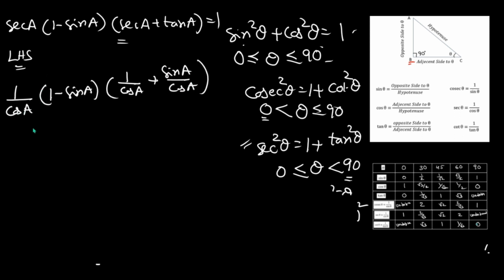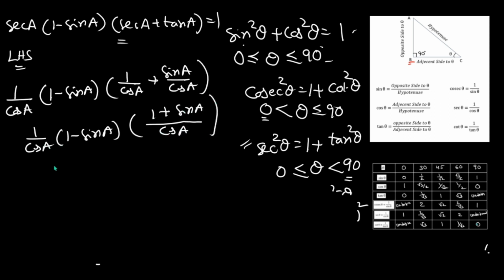Keep writing here still 1 by cos A and 1 minus sin A. So let's take cos A as the LCM. If we take cos A, it becomes 1 plus sin A, right?